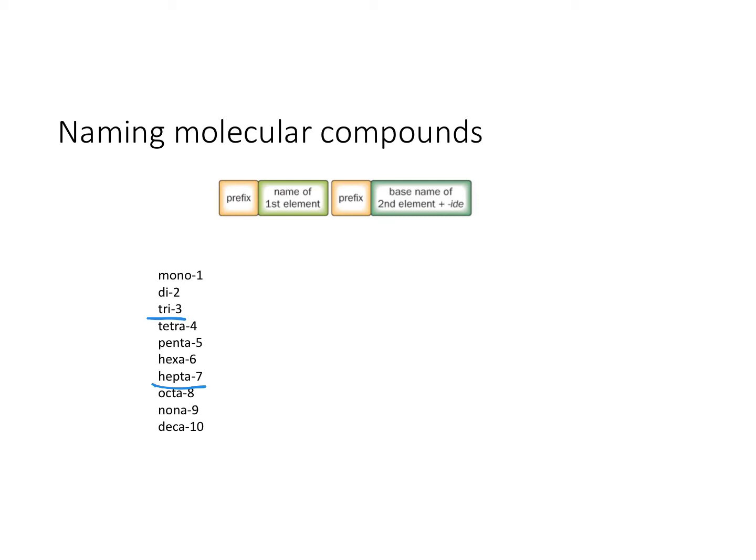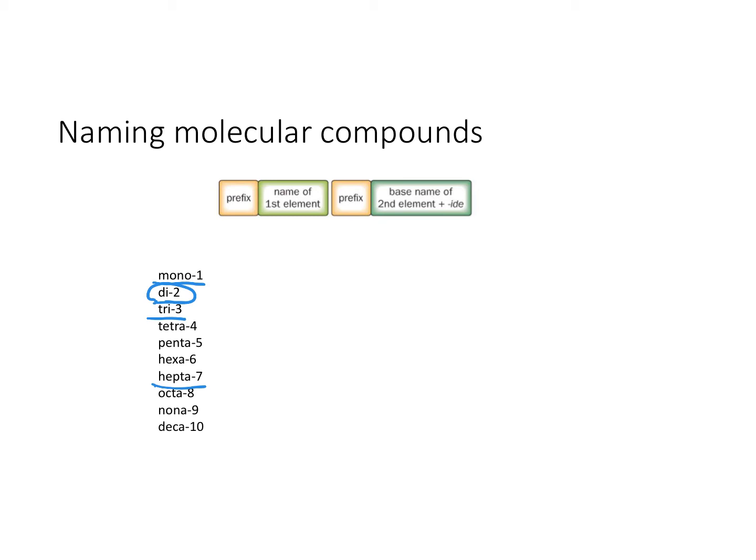And remember, mono is 1, right? Di is 2. And one time in the exams, I asked which of the following prefixes is not correct, and I said bi as 2. In other contexts those words make sense, but for naming molecular compounds, we use di, like carbon dioxide.